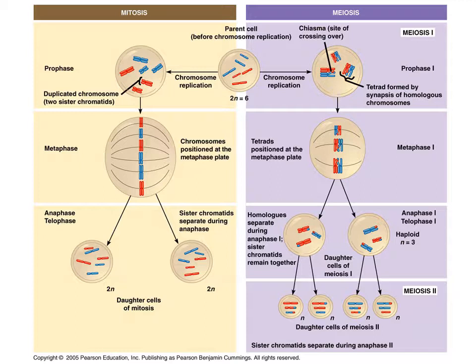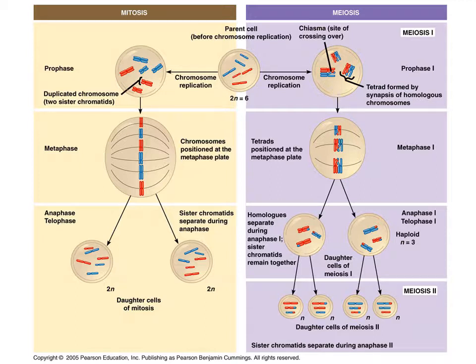So now let's go back to our original image, and now we're going to go to the right. So meiosis, we're going to also replicate all of the chromosomes. But instead of the chromosomes being randomly distributed within the cell, they're going to now be attracted to their homologous pair. So now you won't see a duplex, you're going to see tetrads in meiosis.